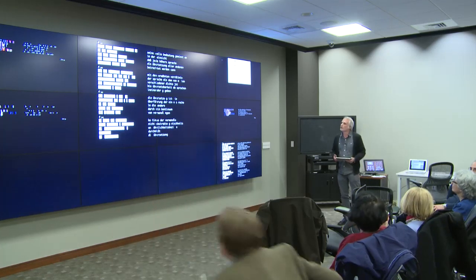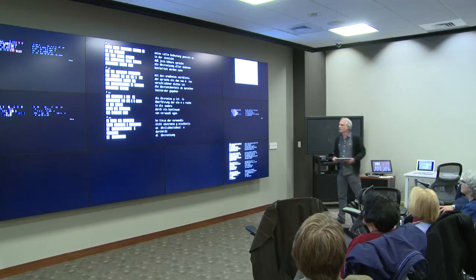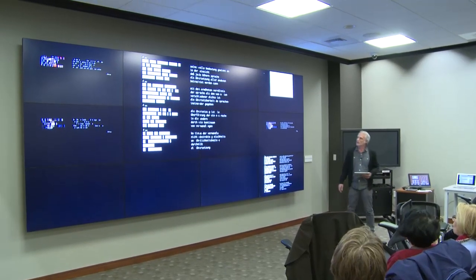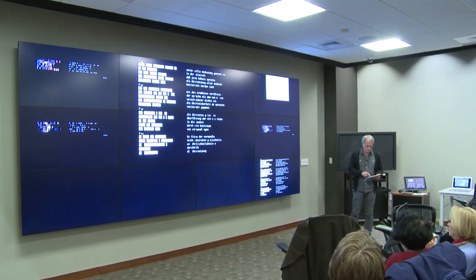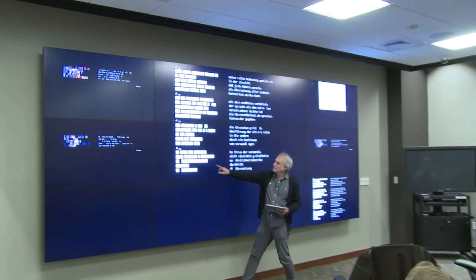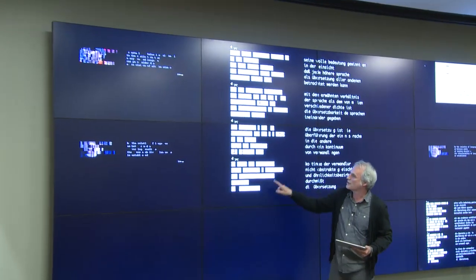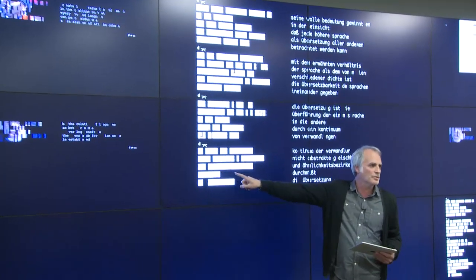Okay, so before we let it go and let it do what it wants, I'm just going to explain the sort of things that are going on. This little legend here, D is for Deutsch. It means that this passage is in the state of being German.